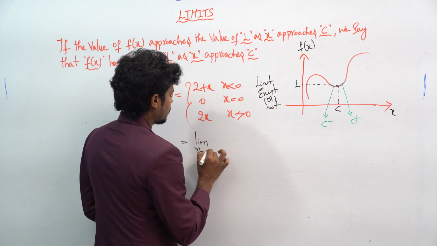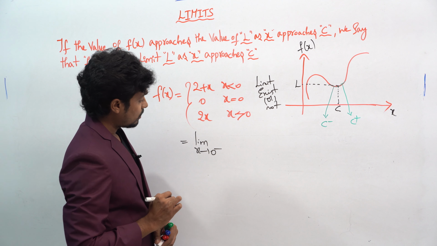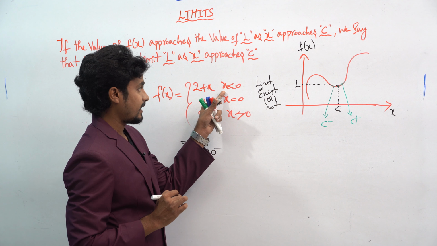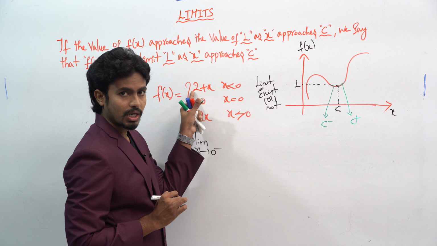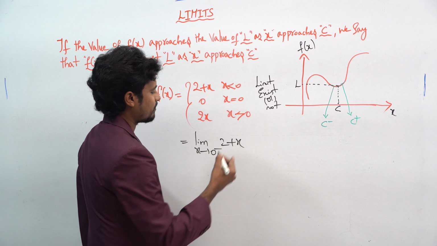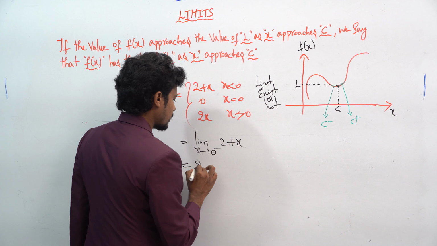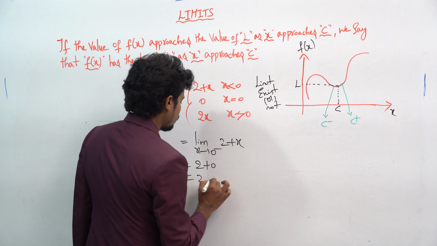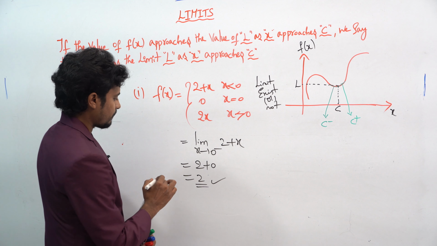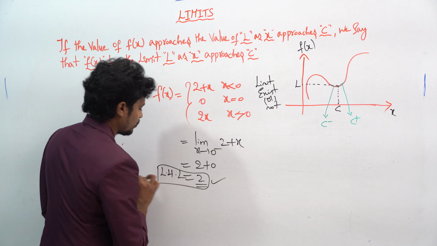We just have to take the limit as x tends to 0 minus. So 0 minus means this was the case, right? x less than 0, that will be 2 plus x. Simply replace x with 0. This will become 2 plus 0, which is equal to 2. The left hand limit you will get as 2.